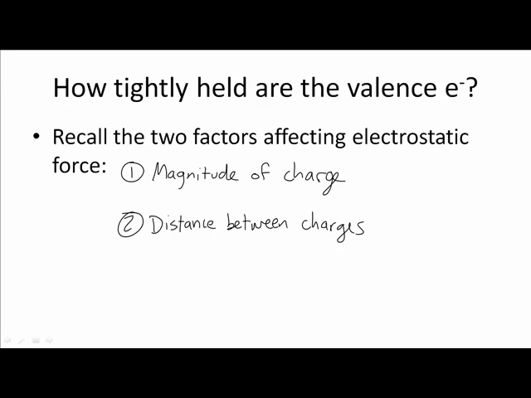So really, this is going to come from the nucleus. An electron is always -1, but a nucleus could be +5, could be +10, could be +20. Then we have to consider some other effects. And then distance between charges really means between the nucleus and the valence electrons.